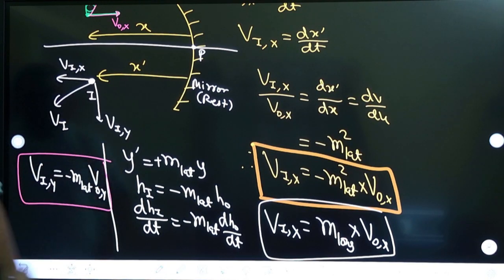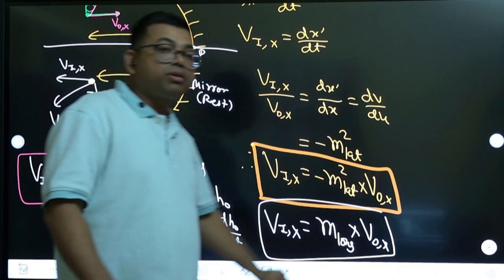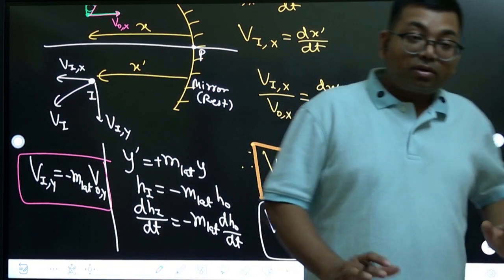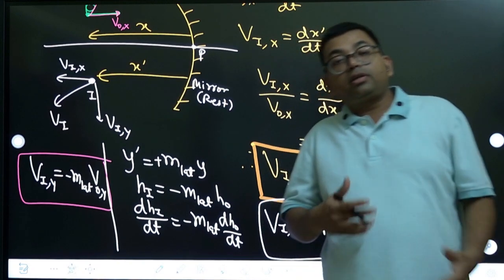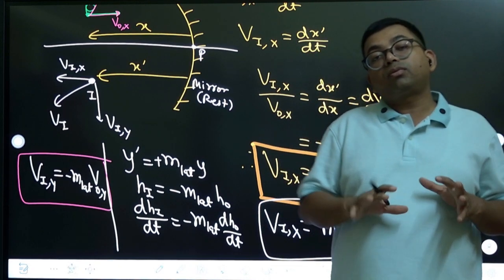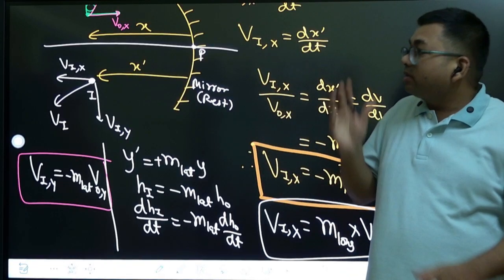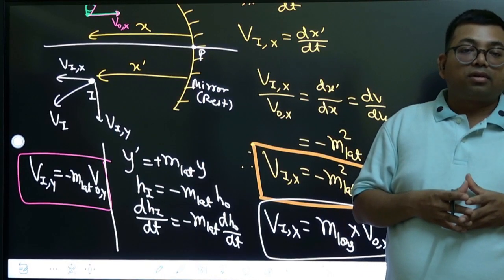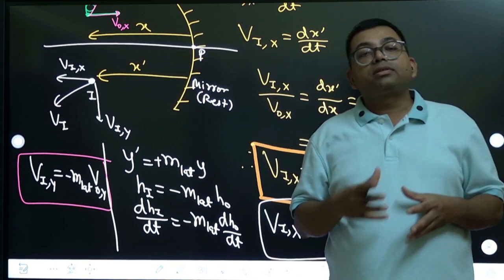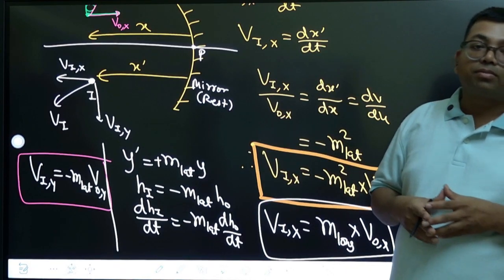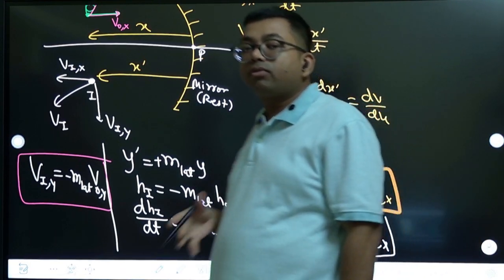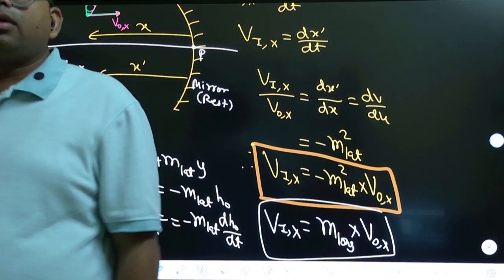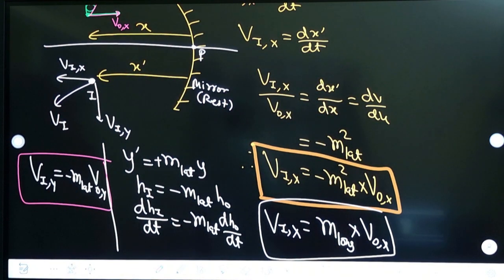So this is how we can calculate the velocities of the image relative to the mirror. Here the mirror is not moving. If the mirror is moving, then all these velocities are relative velocities with respect to the mirror. Clear? So this is the formula for magnification, velocity of object and velocity of image.